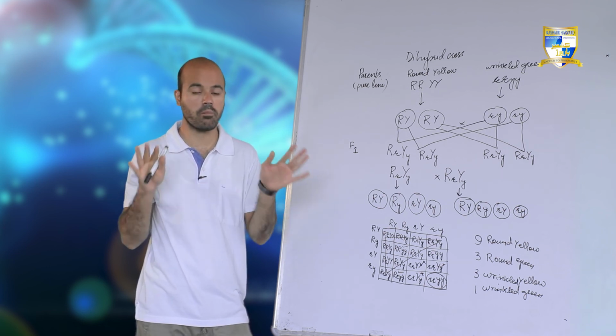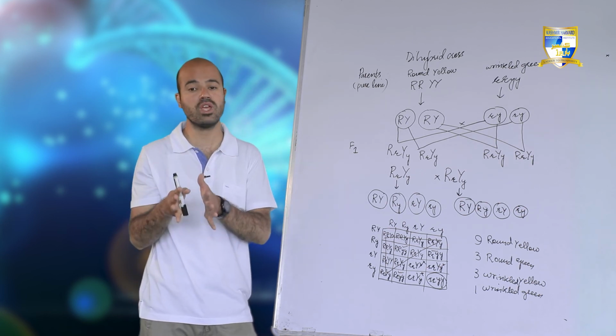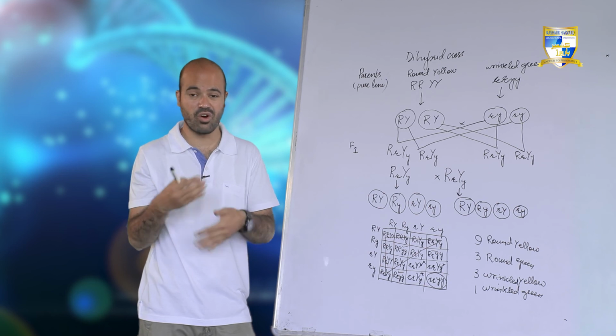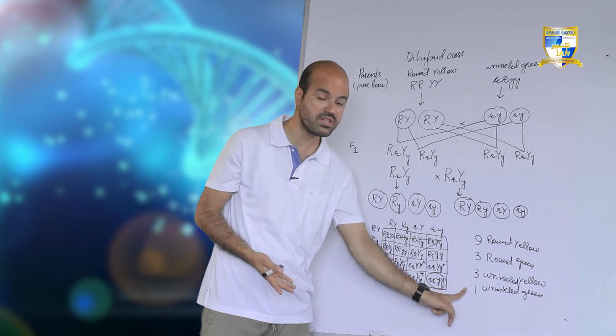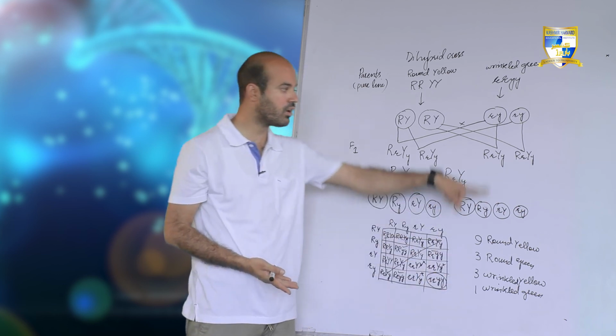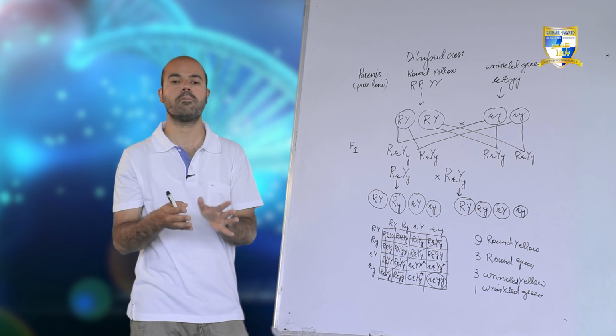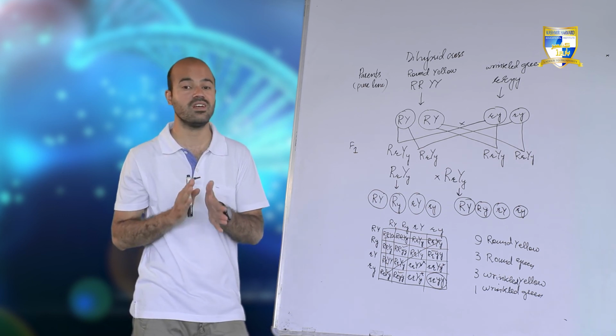Whatever the number Mendel took at that time, or whatever number we are taking this time, the phenotypic ratio will be the same, 9:3:3:1, as long as we are going through Mendelian genetics.